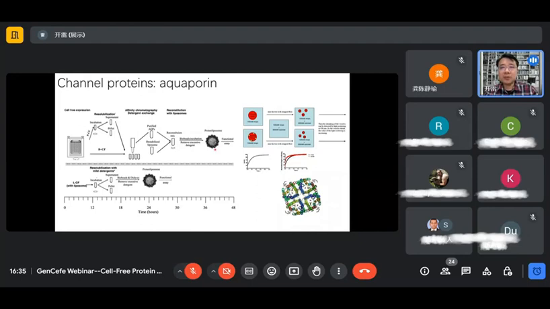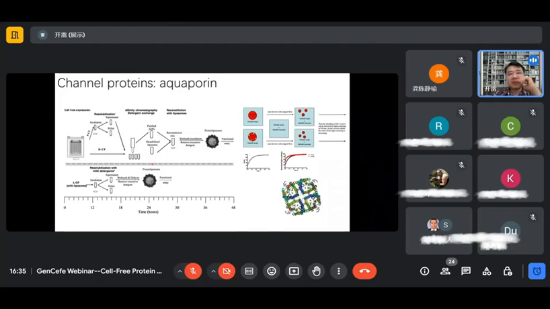And of course, there is also a report that aquaporin can be expressed, in most cases in yeast, and you can isolate the membrane fractions of the yeast and further purify the recombinant aquaporin. But of course, you suffer from endogenous protein contaminants, and if you have to isolate the membrane fraction, you have to go through tedious ultracentrifugation steps and membrane solubilization and protein purification and so on and so forth.